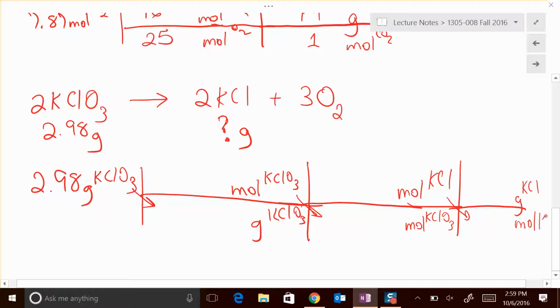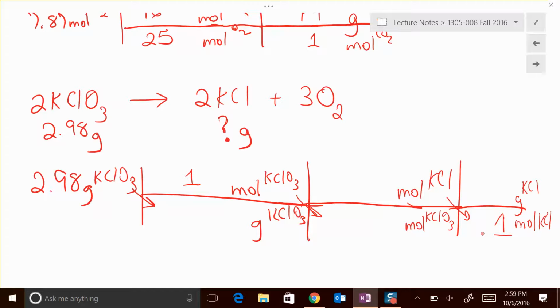Moles of KCl. Now I look at my relationships. I have a gram to mole relationship. In that relationship, the moles are always 1. Grams to moles, moles are always 1.